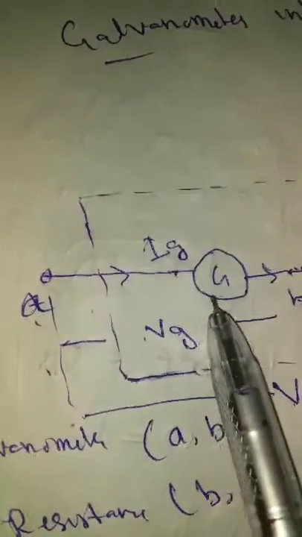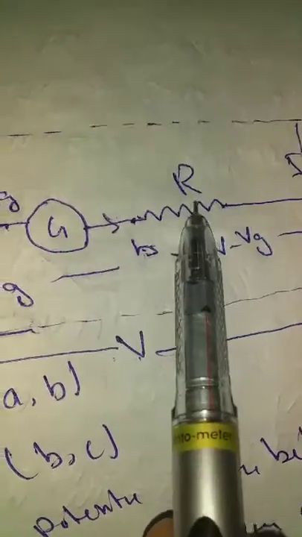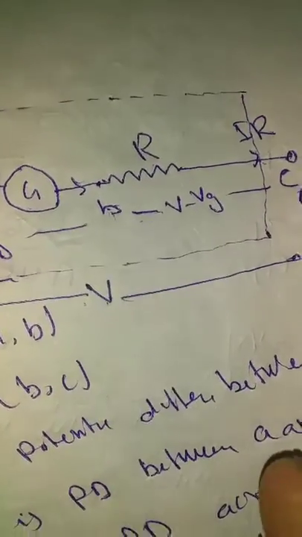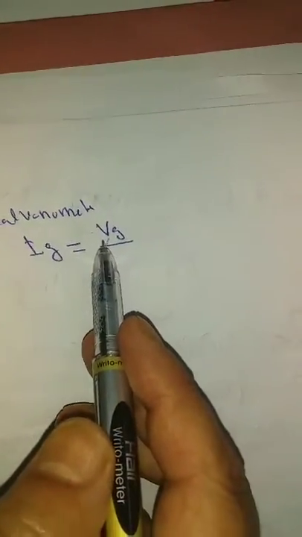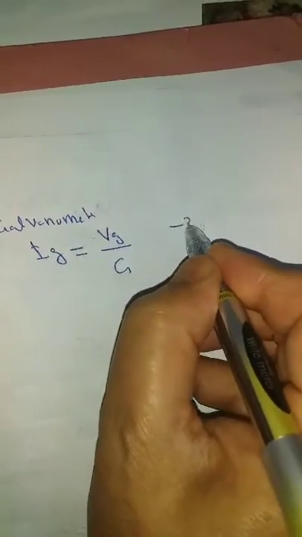Vg divided by the resistance, which is G, the resistance of the galvanometer. Vg is the potential difference across the ends of the galvanometer. R is the resistance, and V minus Vg is the potential difference between the terminals of the resistance, between B and C. So for the galvanometer, current is equal to potential difference Vg divided by resistance G. Name this equation second.